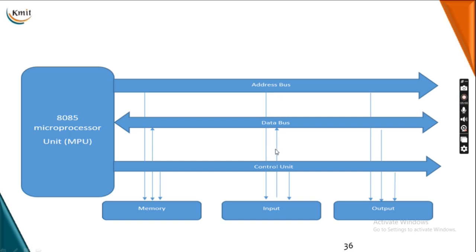You can see in this diagram the directions of flow of each bus. First, address bus. How is it? It is only a one-way communication. Right.